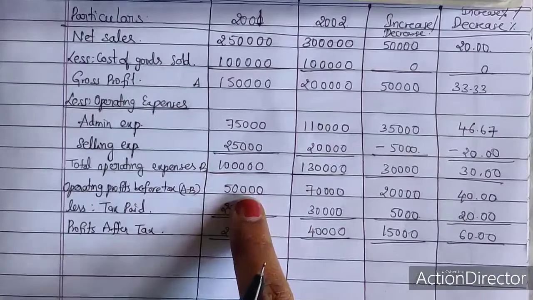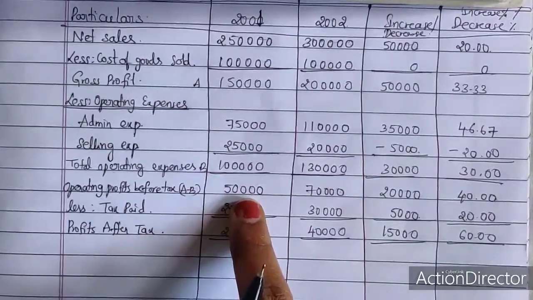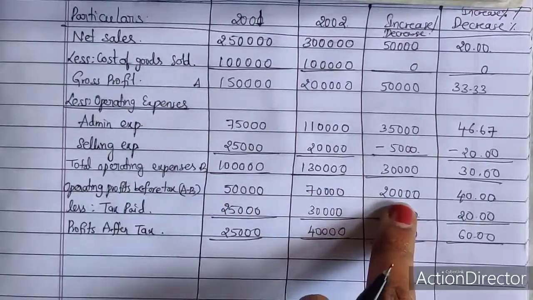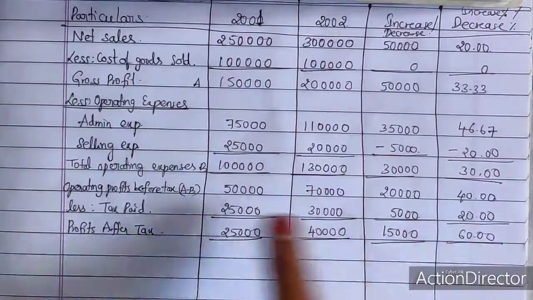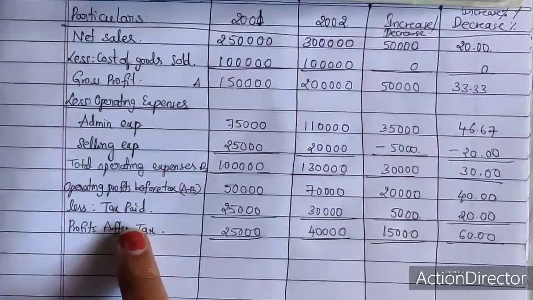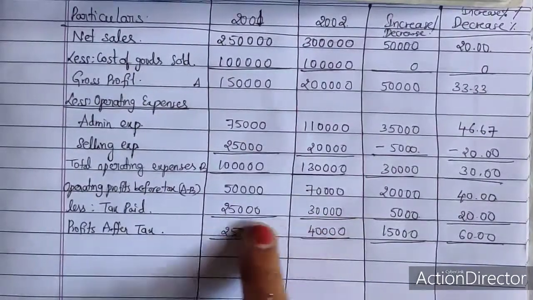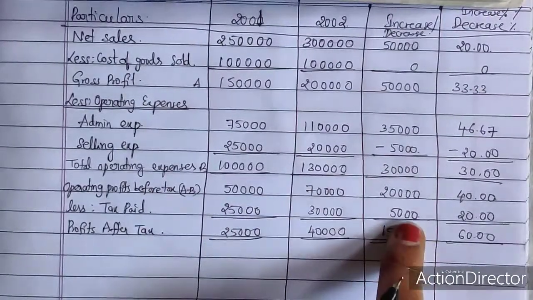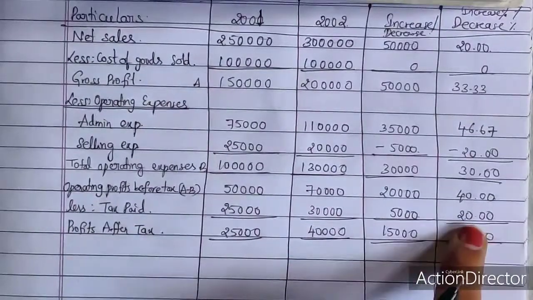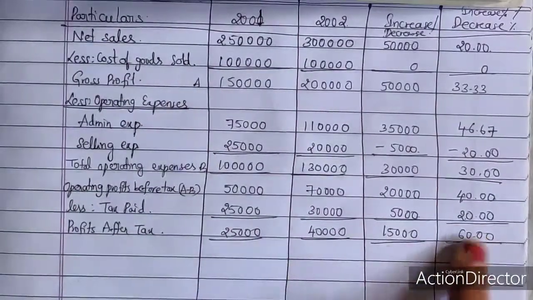So in 50,000, what is the percentage to get this 20,000? That means 40%. So tax paid is 25,000 and 30,000 in the consecutive years. So there is a 5,000 increment. So what is the percentage of increment, that we need to find out.